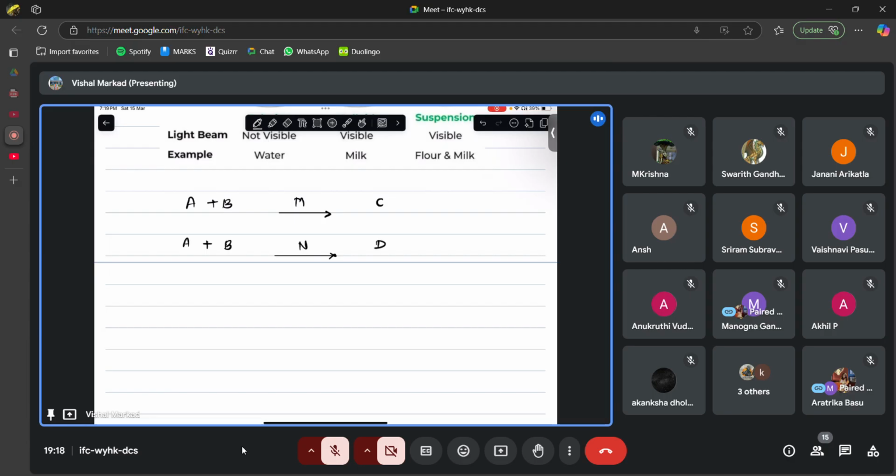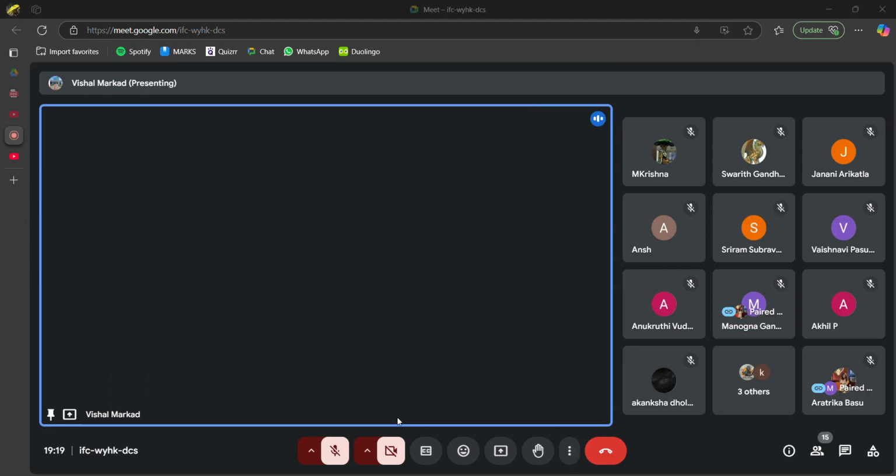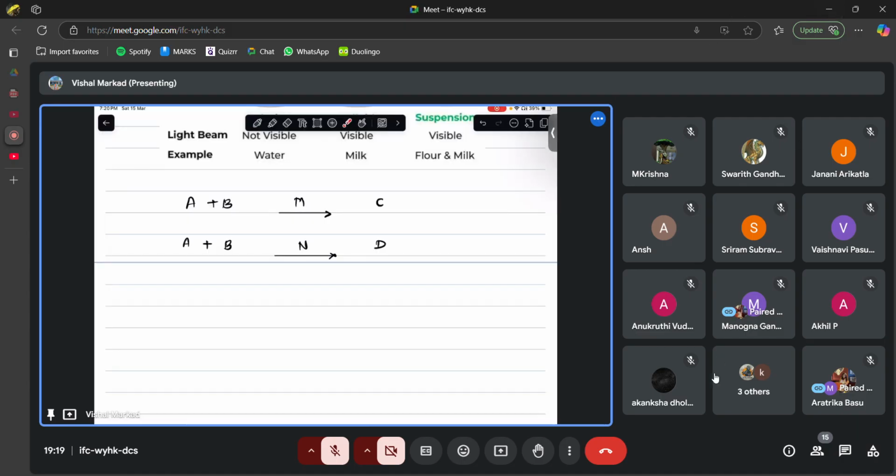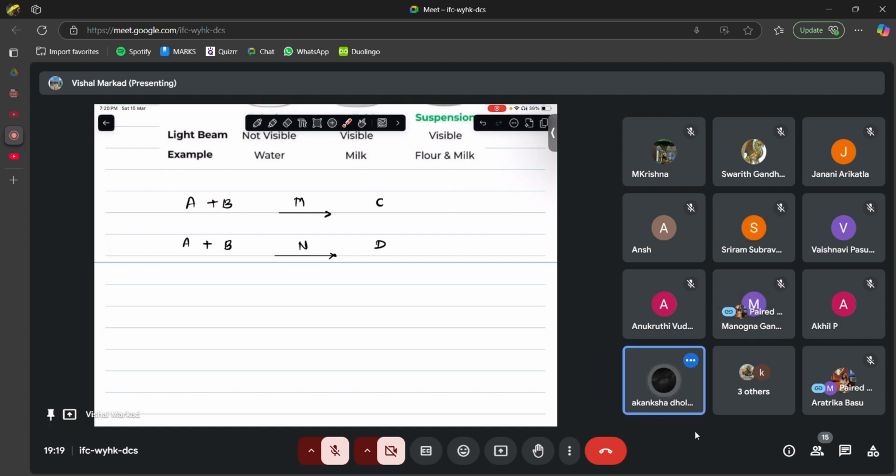That is called selectivity. Whatever product forms from the same reactants depends on the catalyst. That is called the selectivity of the catalyst. Clear? Yes, sir.